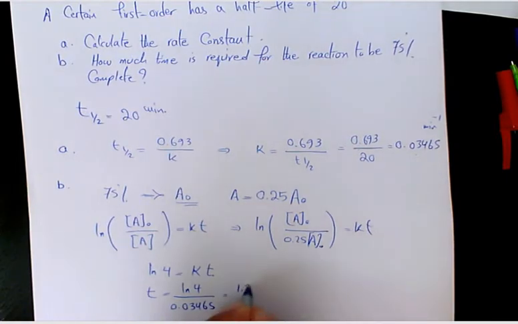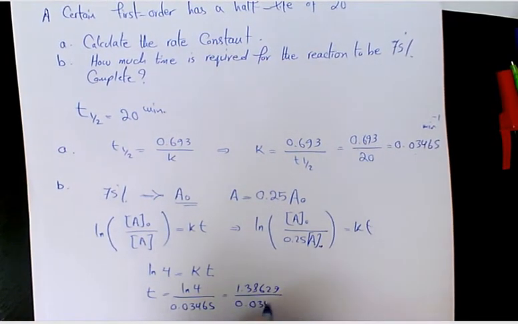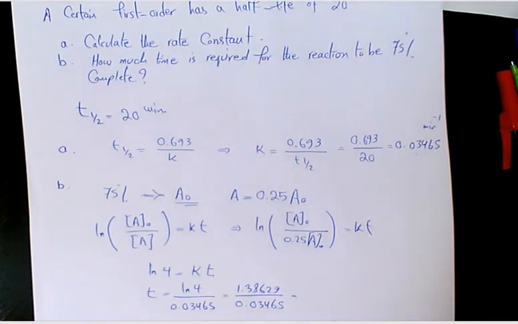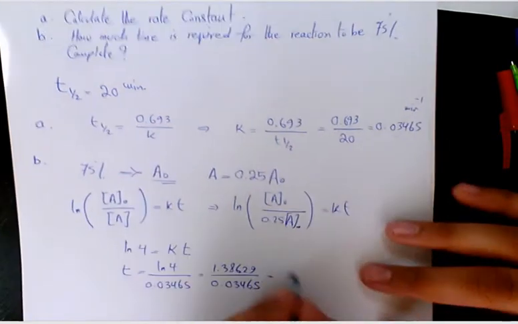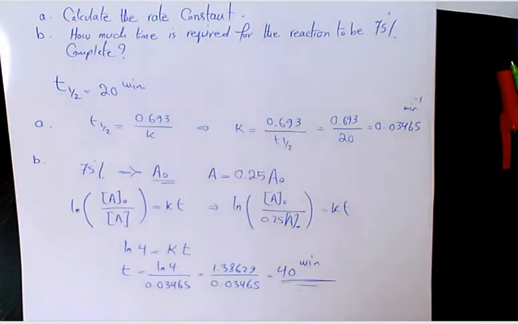That's going to be 1.38629 divided by 0.03465. That's going to make it 40 minutes. So it means that after 40 minutes, it is going to be only 25%.